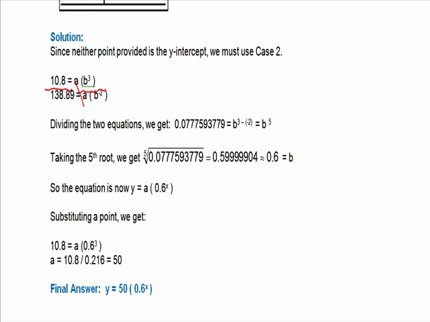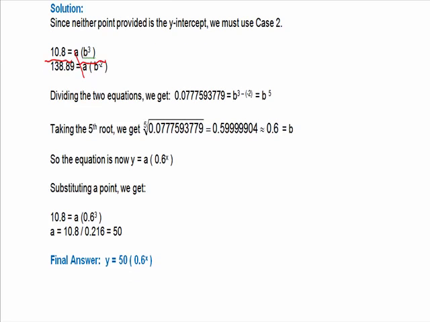And remember our final step: we substitute in a point. Again, I'm going to pick the first equation that I wrote, which gives me 10.8 is a multiplied by 0.6 to the third. When I do the math, that gives me a is 10.8 divided by 0.216, and I get 50. So the final answer is y equals 50 multiplied by 0.6 to the x.